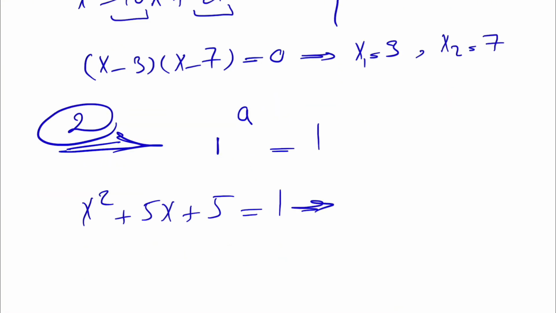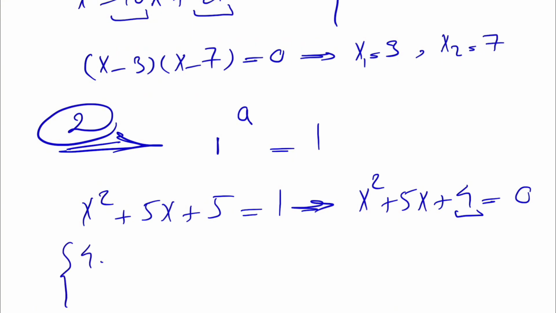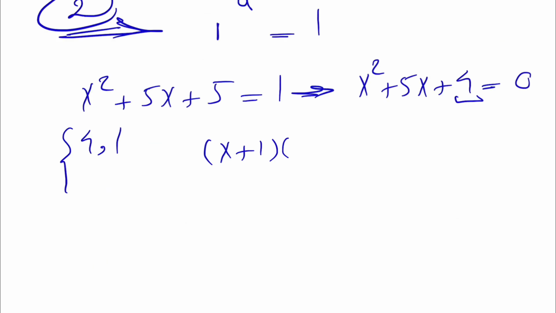If we subtract 1 on each side, we have x squared plus 5x plus 4 equal to 0. Again, we need two numbers that multiply to 4 and add to 5. Those two numbers are 4 and 1. So (x plus 1) times (x plus 4) is equal to 0.